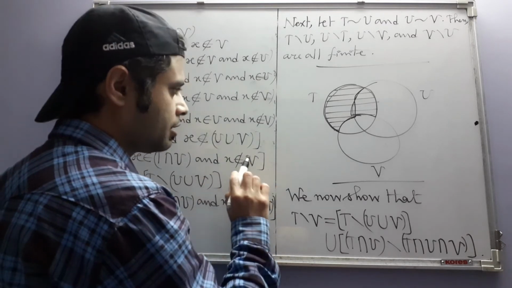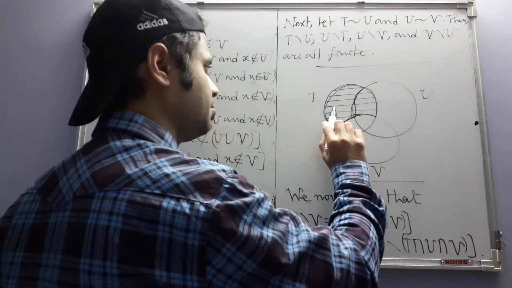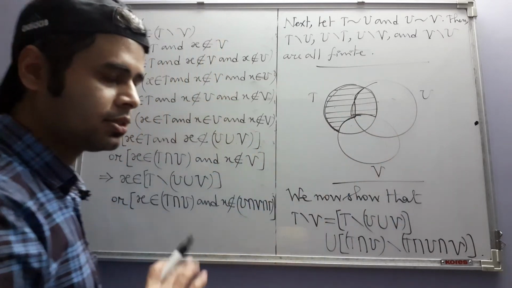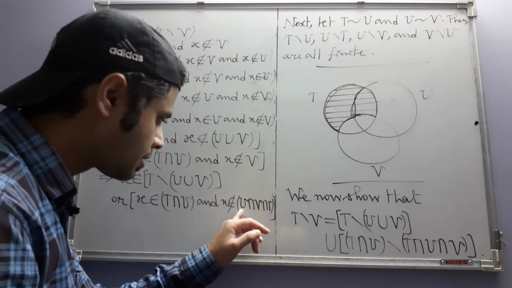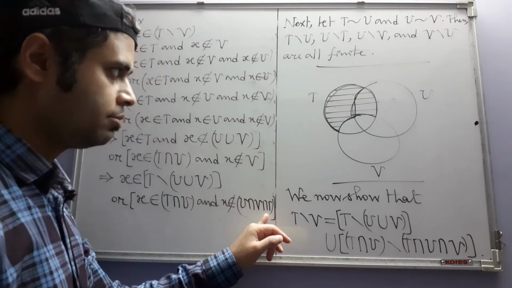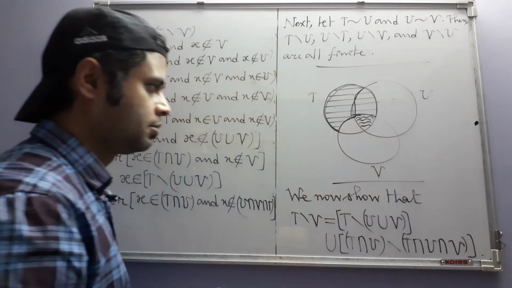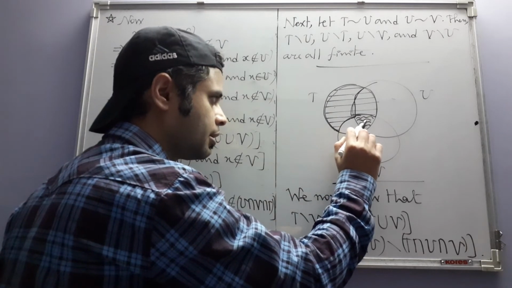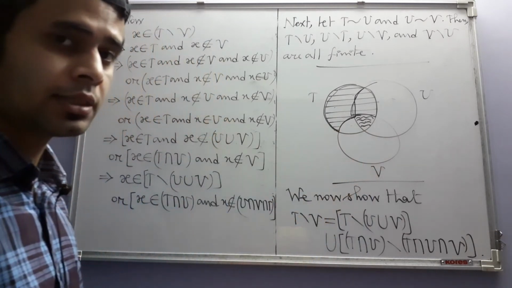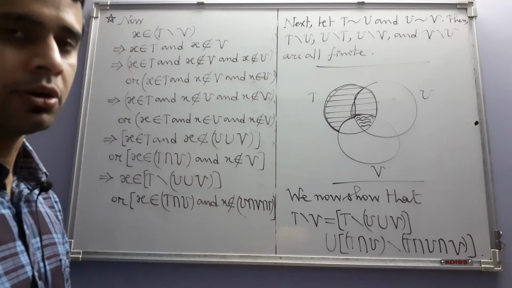This part is telling us that x is not in V. So that means x lies outside of V somewhere. Now in that situation, can x lie in this region, U intersection V intersection T? Definitely not, because had that been the case, then x would be inside V, but x is not in V, so x cannot belong to this.